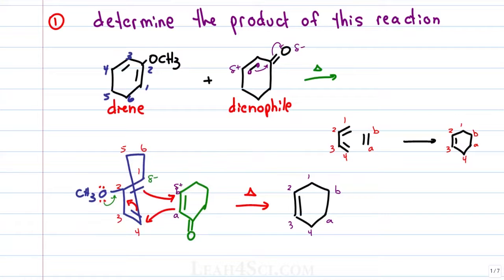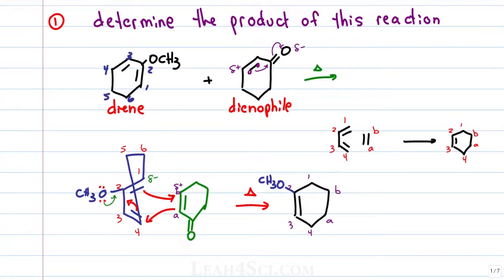Starting on the diene, I have an OCH3 attached to carbon 2, and since carbon 2 is pi bound to carbon 3, it's sp2 hybridized, it is flat trigonal planar, so the OCH3, the methoxy group, doesn't come out of the page or go into the page, instead it's in the plane of the page.